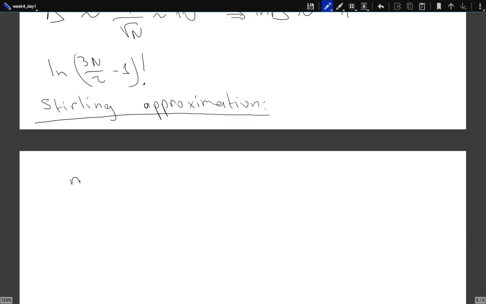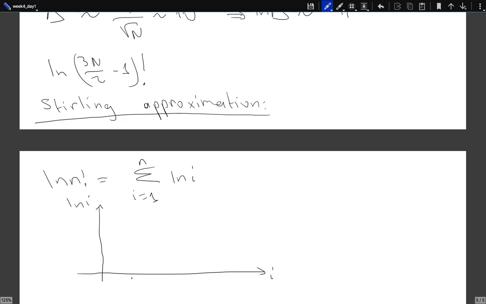Now, if you have a huge number n factorial, the logarithm of this is just the sum over i from 1 to n of the logarithm of i.